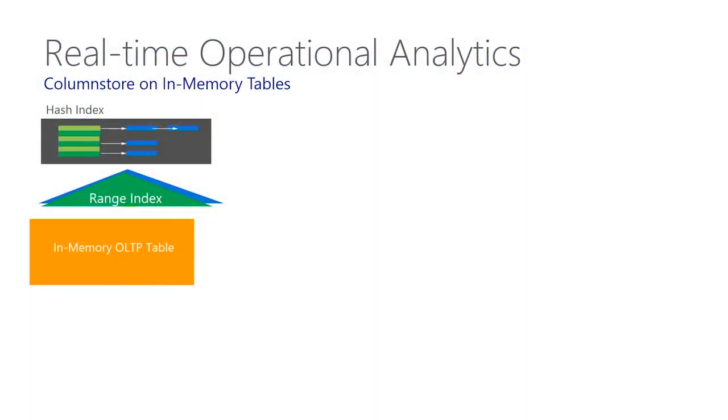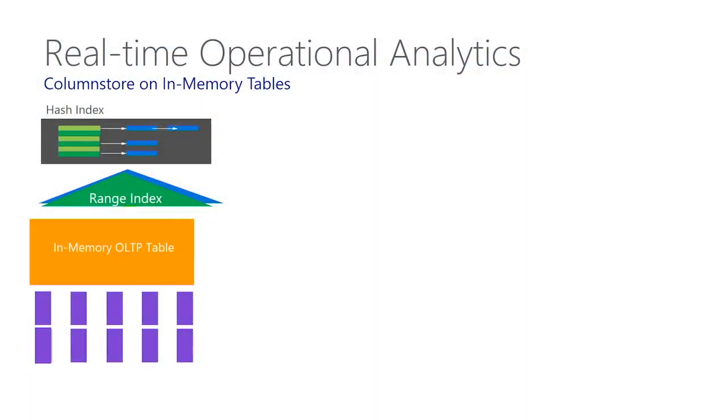Just like what we did for disk-based tables, to do real-time analytics on this table, all you need to do is create a columnstore index. As soon as you do that, your transactional workload continues to work like before, and SQL Server 2016 will automatically route your analytics queries through the columnstore.